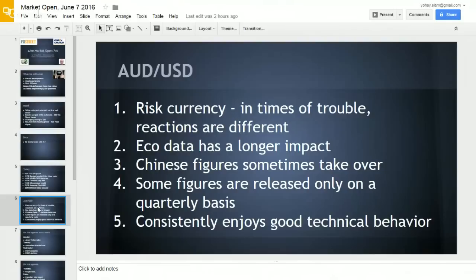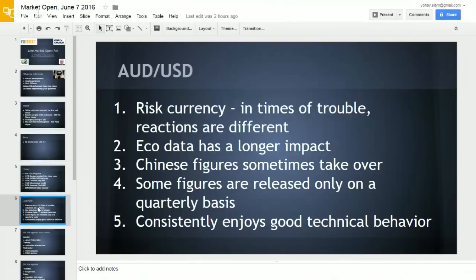Okay, and another thing I find, and this is maybe controversial, every trader with his own thoughts about technical behavior, I find the Aussie dollar as consistently having positive technical behavior. When in trend, it sort of trades the uptrend or the downtrend quite well. When in ranges, it respects ranges and old levels.